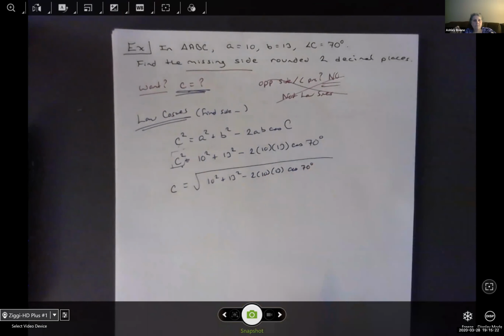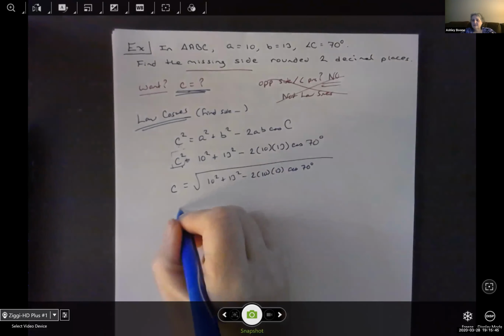You can either do the whole thing and then take the square root of the answer, or you can type in the whole big thing, just don't round till the end. So we have the square root of 10 squared plus 13 squared minus 2 times 10 times 13 times the cosine of 70.